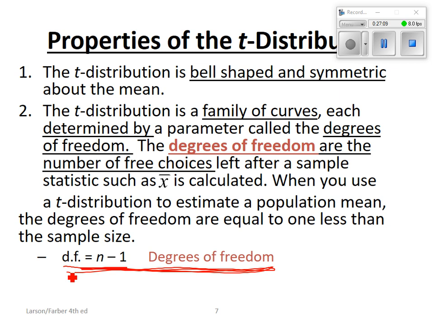So this black one here might be where n is 10 or something. Then you might have another one where n is 5 or something like that. So it gets wider the fewer numbers you have in your sample. And all that's doing is saying, all right, we didn't take a very big sample, so our error could be a whole bunch.